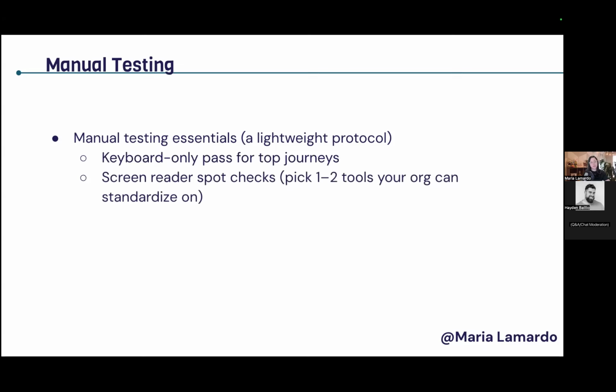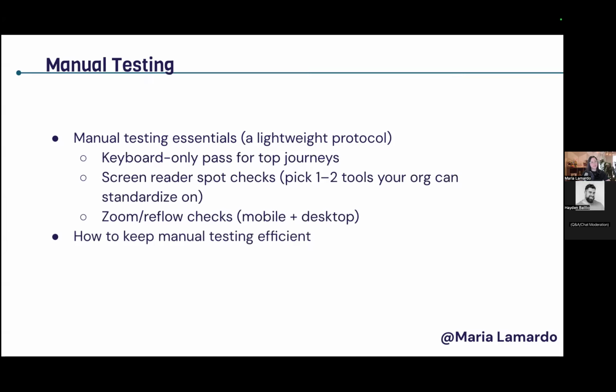A quick screen reader spot check. And I recommend that you adopt 1 to 2 tools that your org can standardize on and look at things like headings, labels, buttons, error messages. And a zoom and reflow check. Can someone use a site at a higher zoom or a small screen without losing content or functionality?